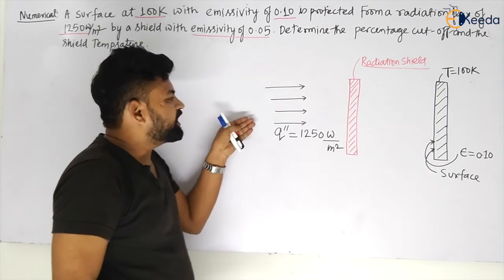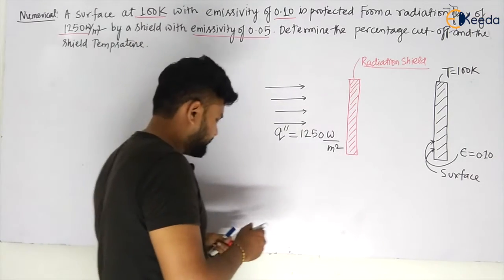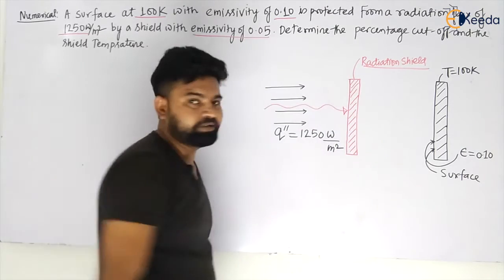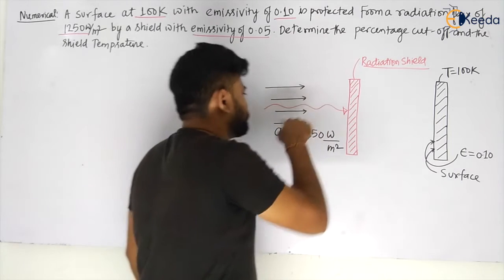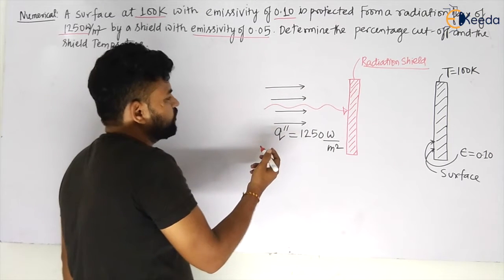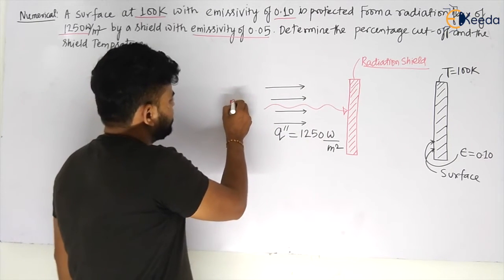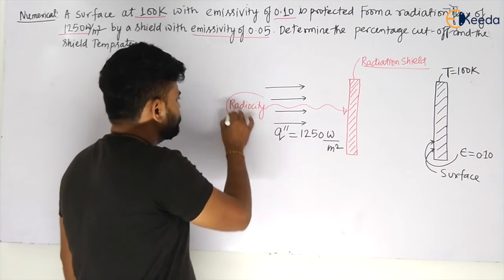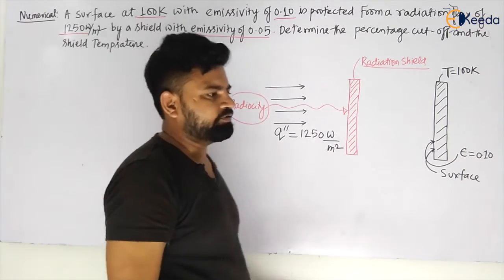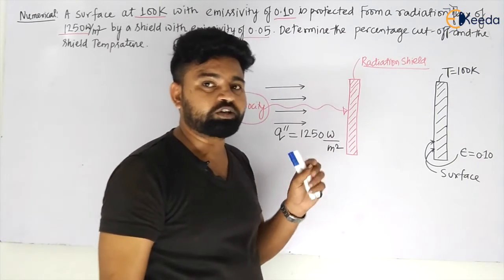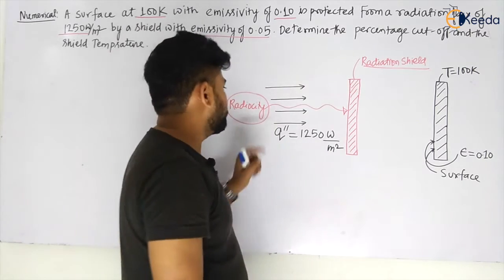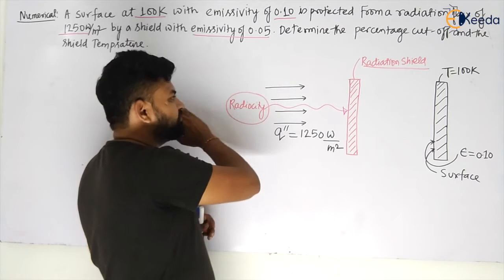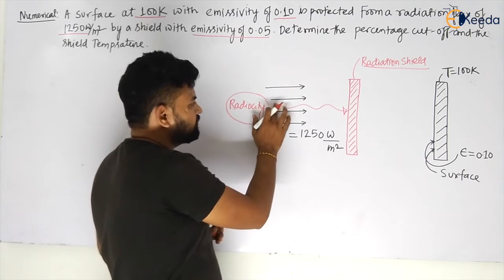Let us say this radiation flux is falling on this surface, my dear students. And the radiation falling on the surface is called your irradiation, and which is leaving the surface is called your radiosity.